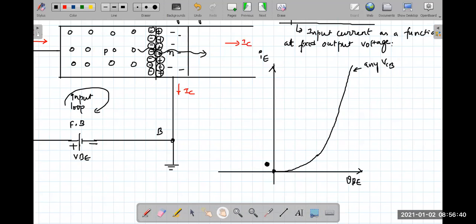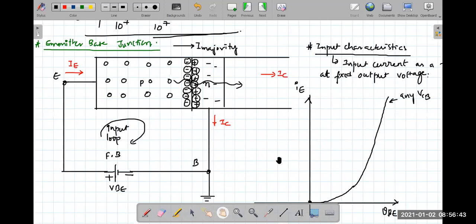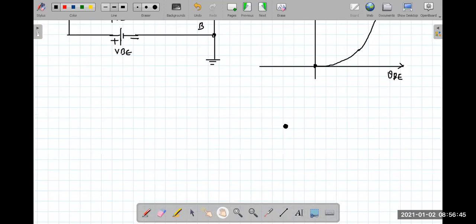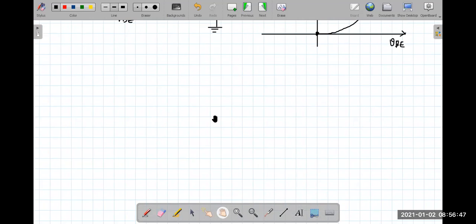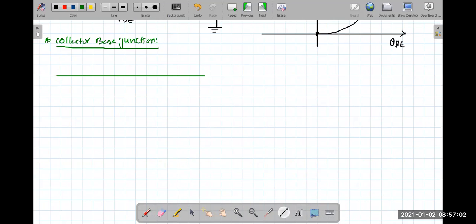So let's see how the output loop is functioning exactly. Let's talk about the collector base junction. Now coming to the collector base junction, let's once again draw this diagram. We are almost done trying to understand this.